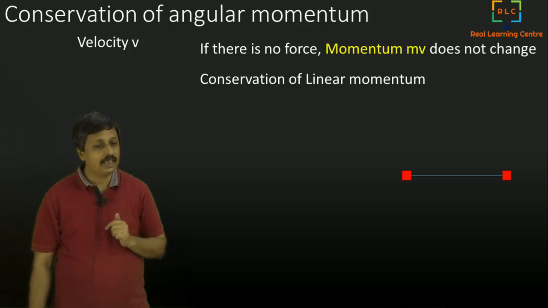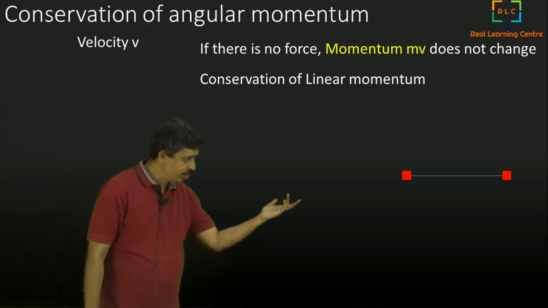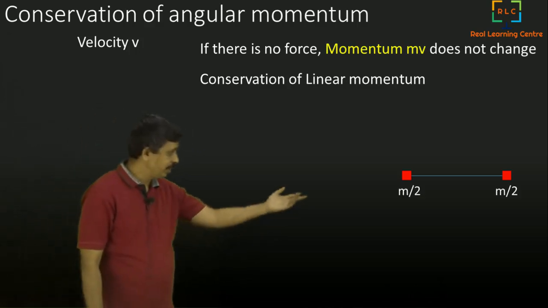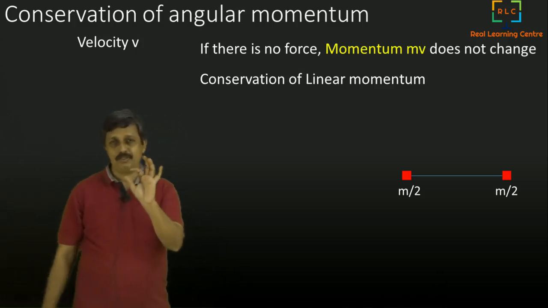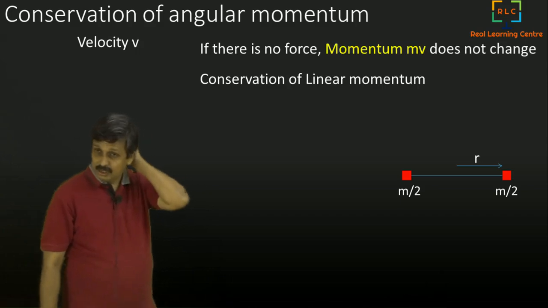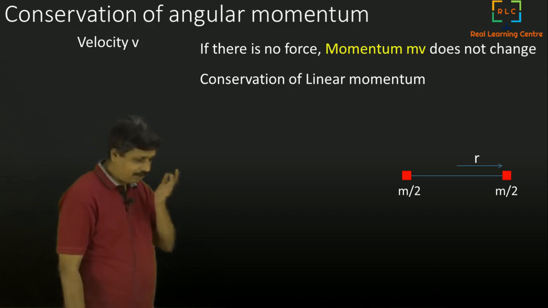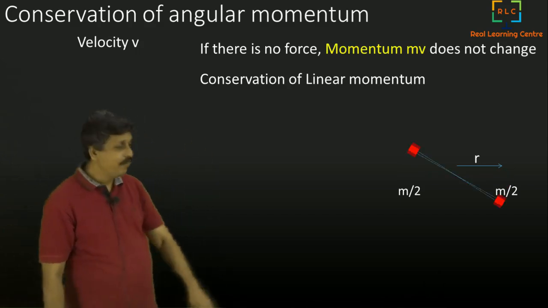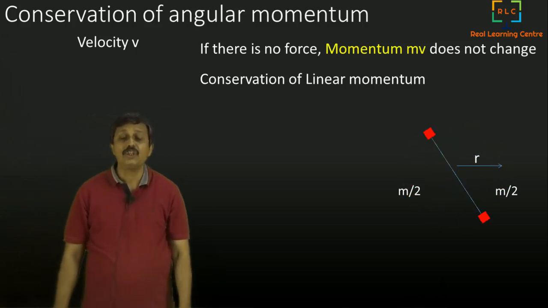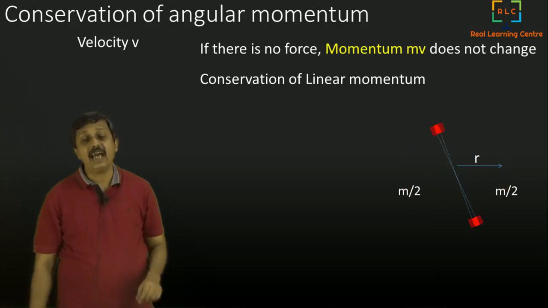So let's look at the scenario of a rotational motion. Let us take two masses connected by a rigid rod of negligible mass, and let us say this is m by 2 and that is m by 2. So totally m is the total mass, and this radius, let us say, is the rotational radius r. If you rotate this, you can calculate its angular momentum.